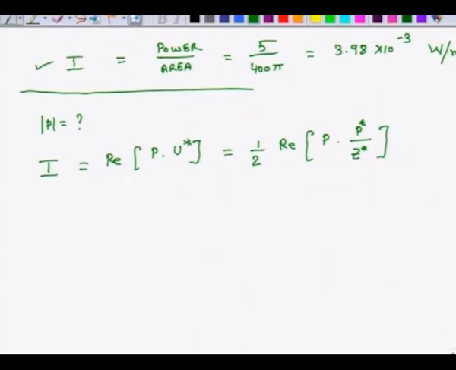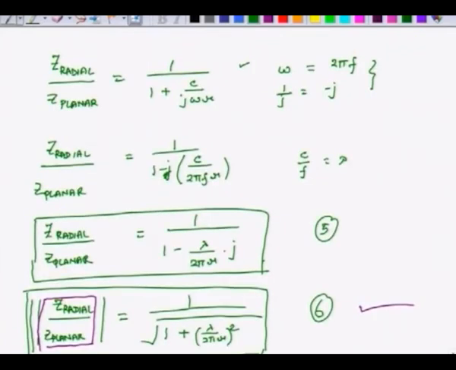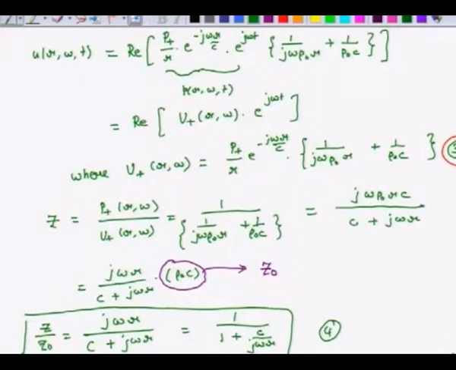Now, earlier we saw in this table that at r equals 10 meters, the ratio of radial impedance and planar impedance is virtually 1, it is almost 1. Another way to look at it is that when r is extremely large, this term is virtually 0 in the relationship for z over z naught.